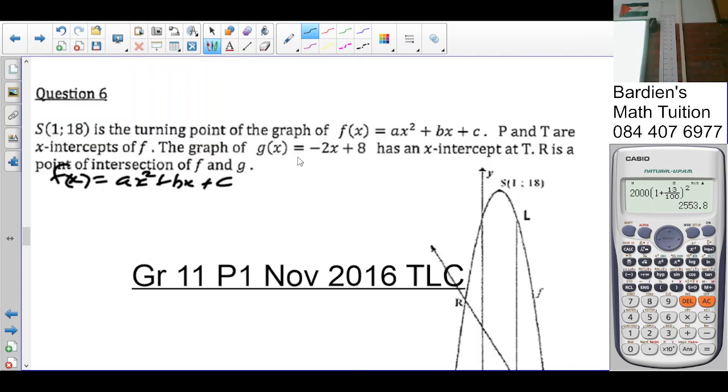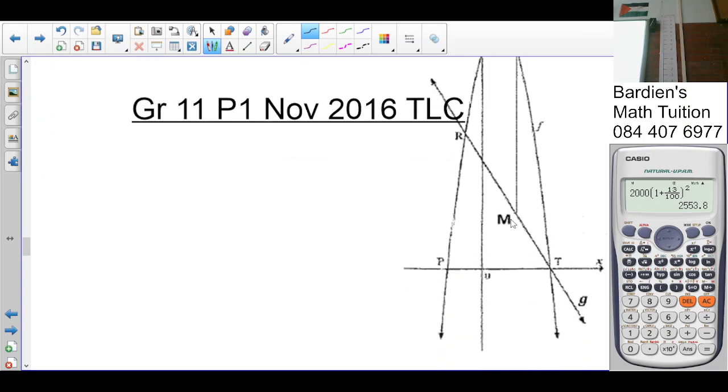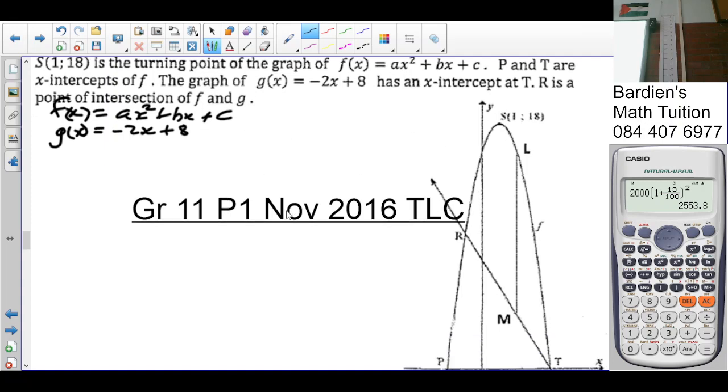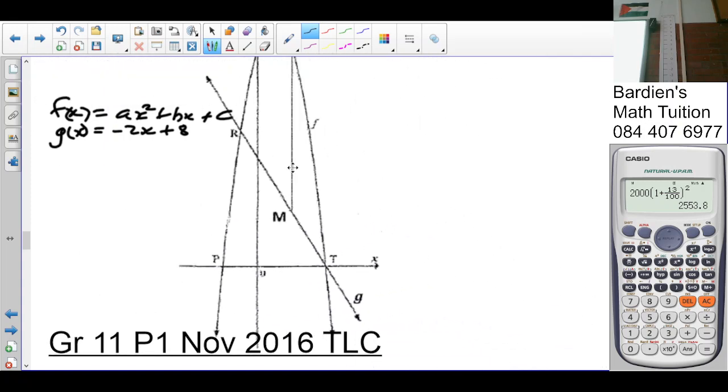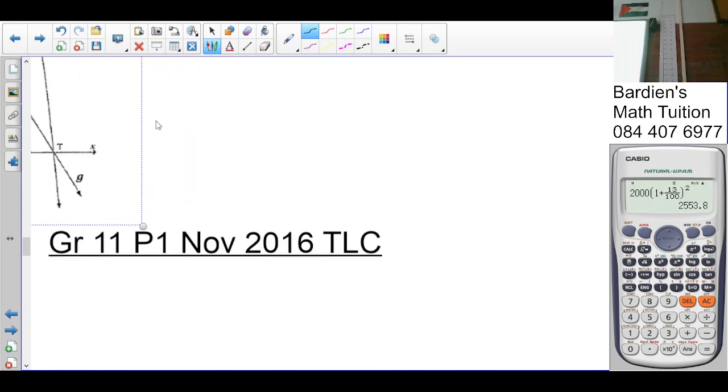Then we are told that the graph of g of x equals negative 2x plus 8 and has an x-intercept at t, which is the common x-intercept there. R is the point of intersection of the two graphs. So with that information, we need to answer the following questions.